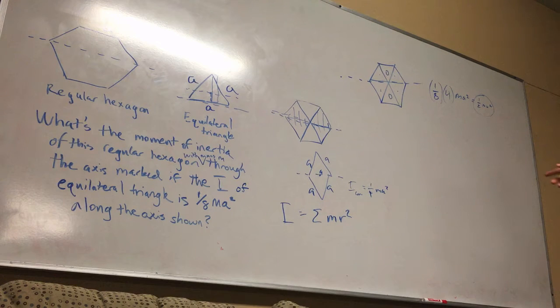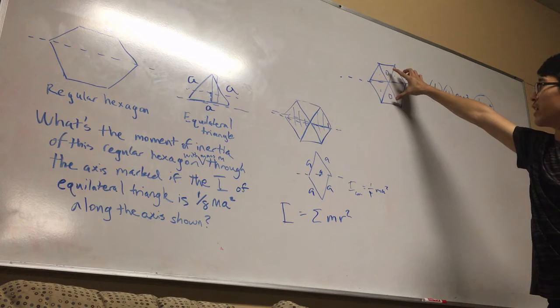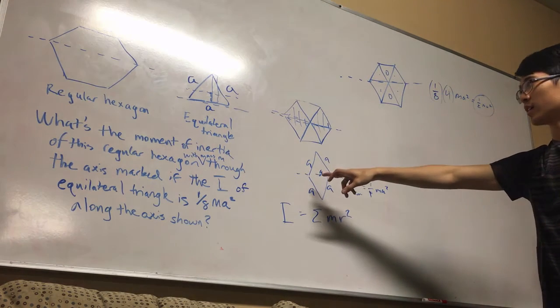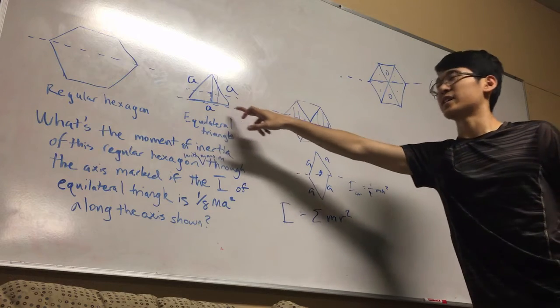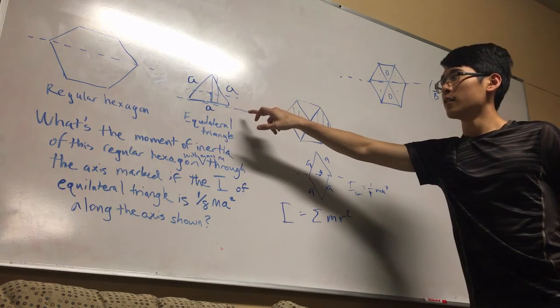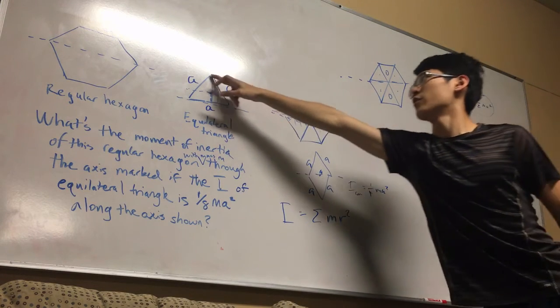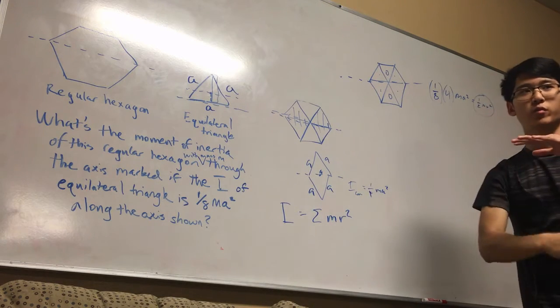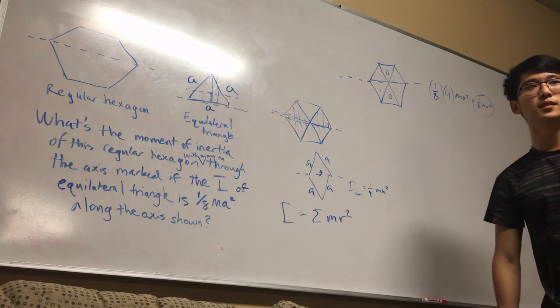But now the trickier part is calculating this center of mass, because we can't just put them together, since we only know it through this axis. If we want to put it together, we have to know it through this axis, and then we can stack them on top of each other, and they'll both be the same distance away from the axis.